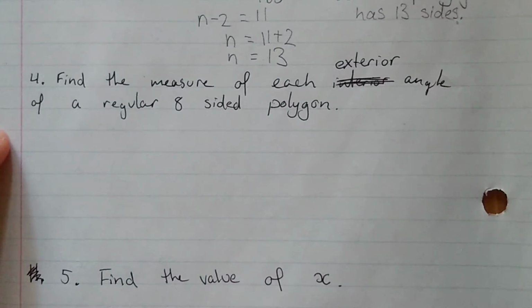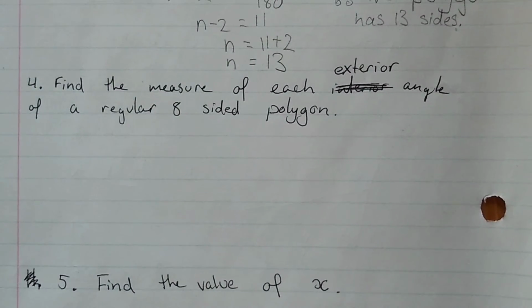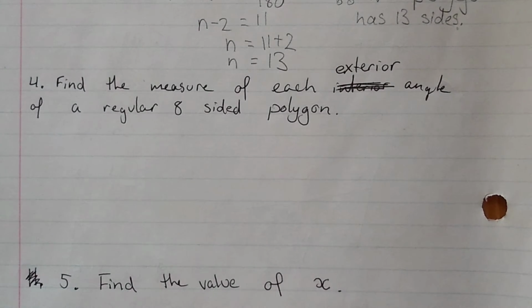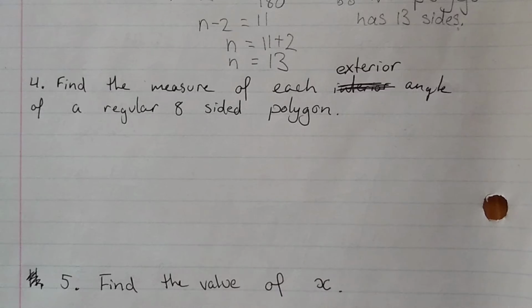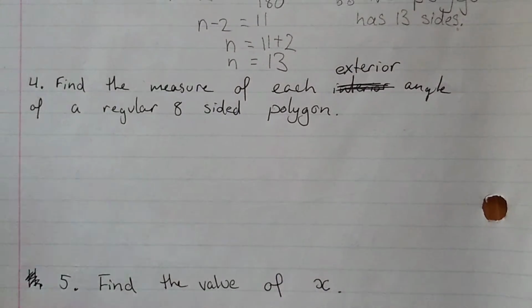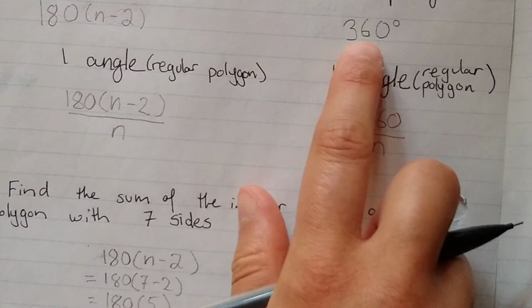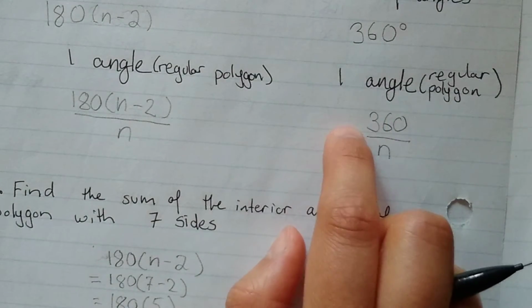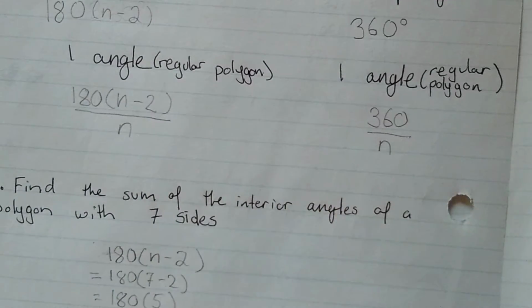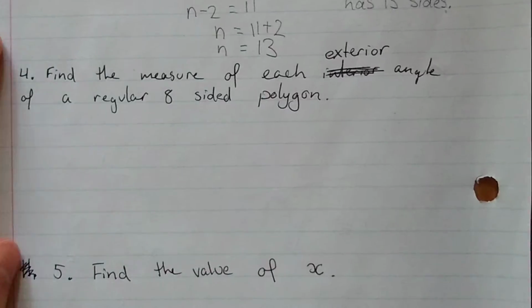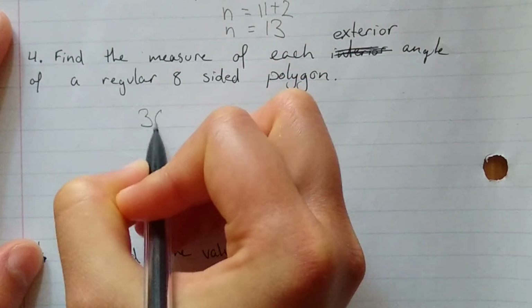Okay, find the measure of each exterior angle of a regular polygon with 8 sides. So each exterior angle, if it was the sum of exterior angles, it's just 360. But for each one, we do 360 divided by the number of sides. So 360 divided by n.